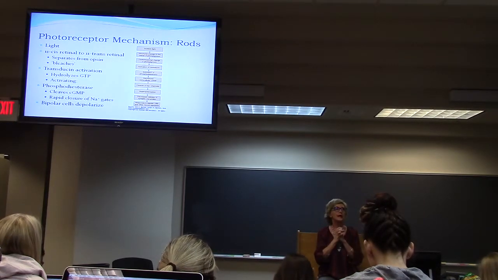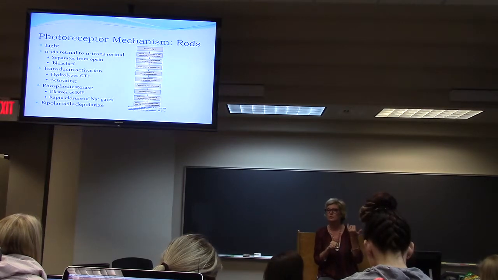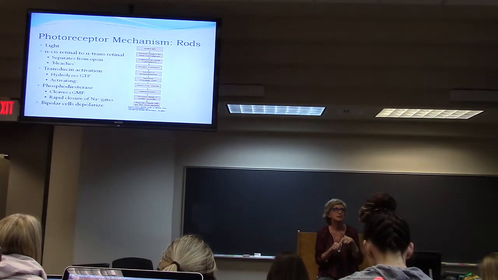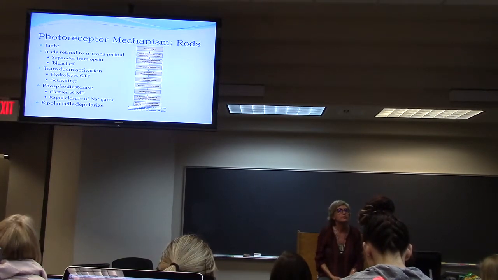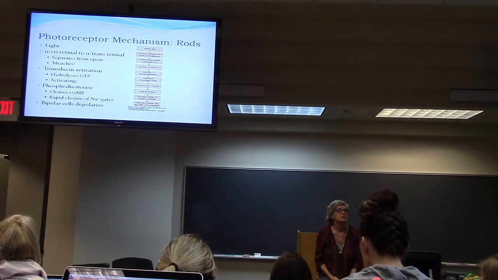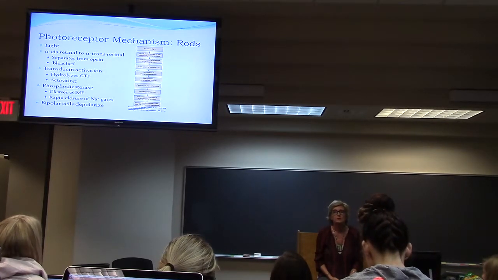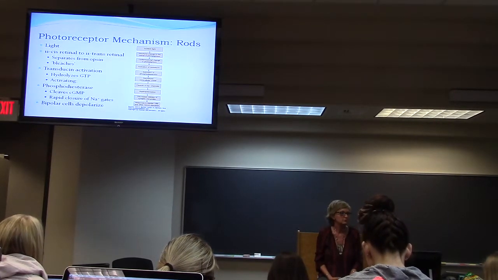So what happens when opsin is now without its retinal? It activates transducin, and that's the same exact thing that's written over there in that form. Transducin will hydrolyze GTP.